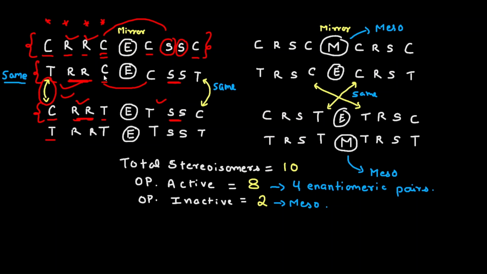You just rotate this configuration by 180 degree. Once you rotate this by 180 degree, the cis will come here, this trans will come here, and both R will remain R and R. So you understand, these two possibilities are not different. Just rotate 180 degree, and you will find that these two are identical configurations.